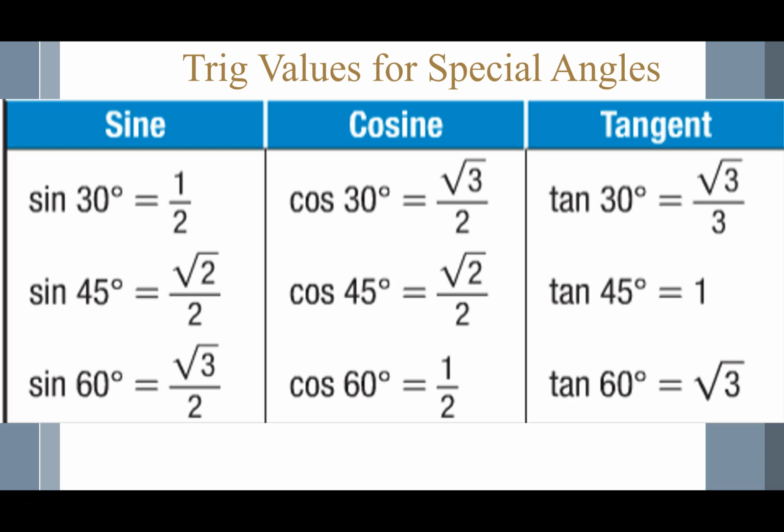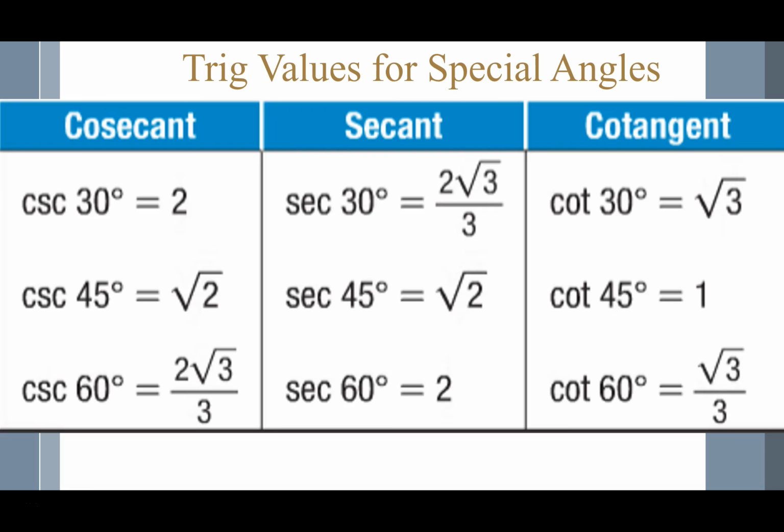And we use this to pretty much set up any of the other special angles in our diagrams. And this is where the reference angles come into play. Because if we're talking about sine of 150, that's equivalent to sine of 30. We just need to identify whether it stays positive or becomes negative. So make sure you have these copied down for sine, cosine, and tangent. And also do the same thing for cosecant, secant, and cotangent.